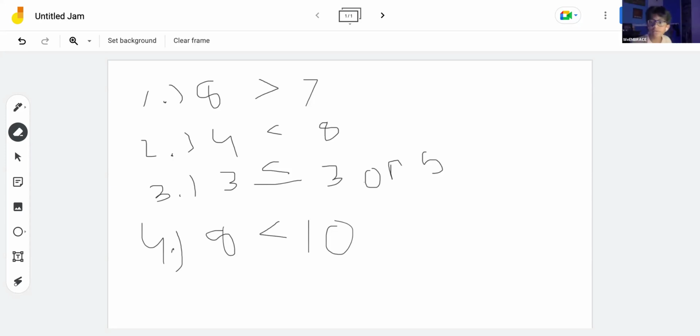It's okay, I can go over the answers if you guys would like. 8 is dash 7. Which is greater, which is smaller? 8 is greater. Good. The next is 4 and 8. What sign will come?